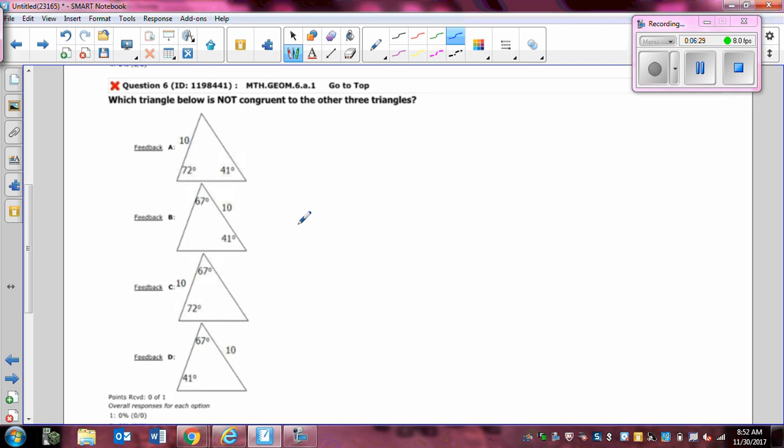When we add up 72 and 41, we get 113. 180 minus 113 is 67. So I know that this one is 67. And I know that the 10 is on the side that's opposite the 41. So if we have another 10 that's opposite the 41, then they will be congruent.